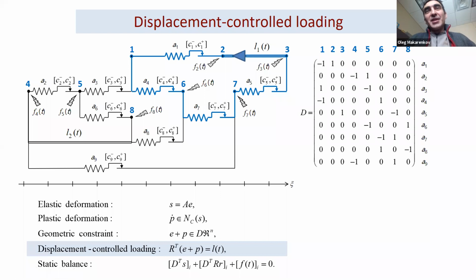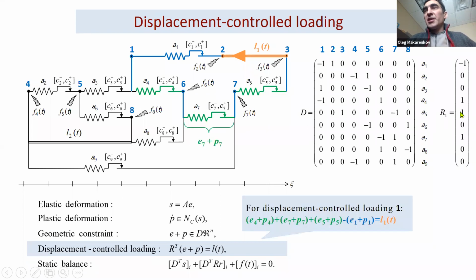Okay, so to explain that quickly: for each displacement-controlled loading, we associate a path of springs, and this path of springs gives us, in terms of graph theory, an incidence vector.